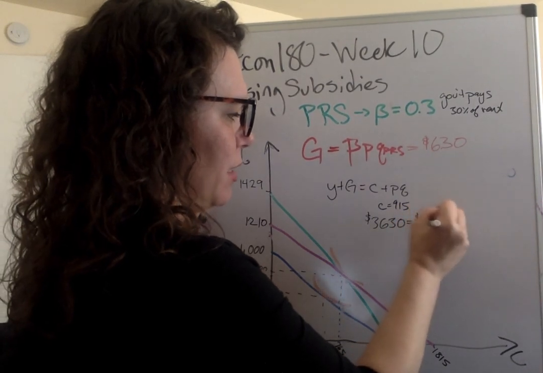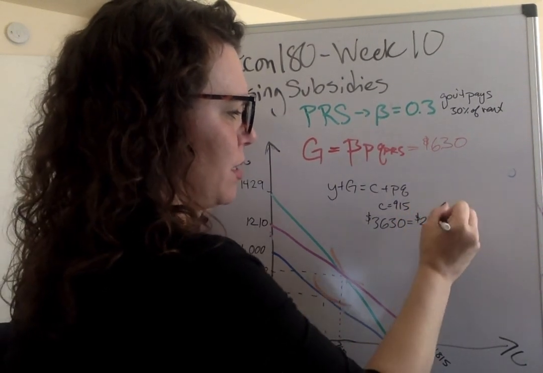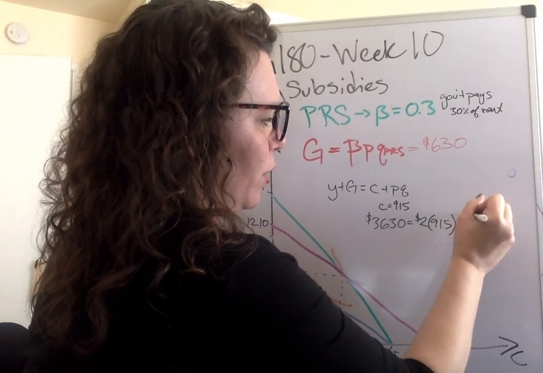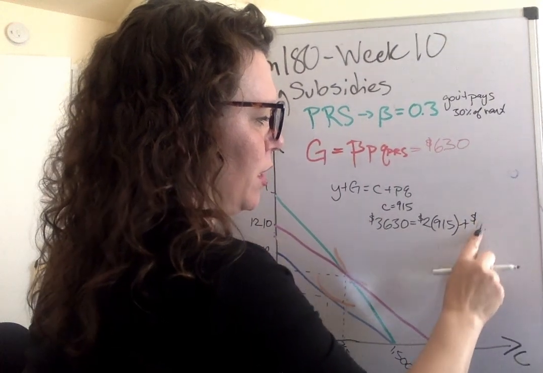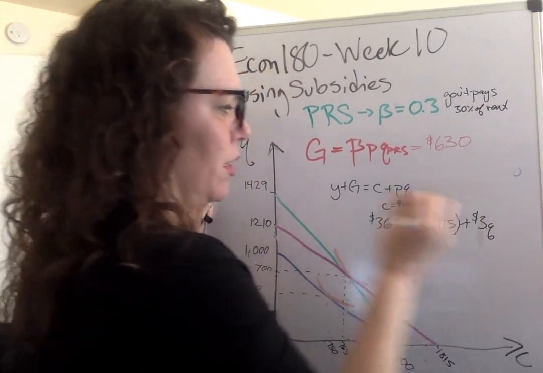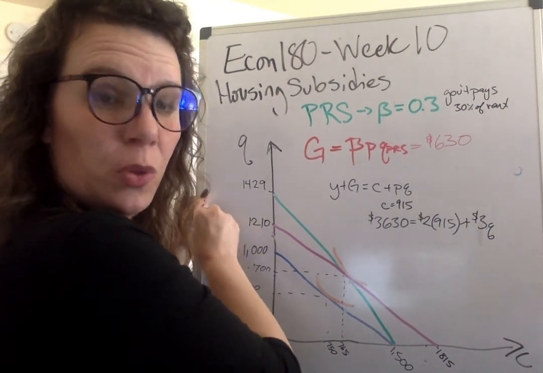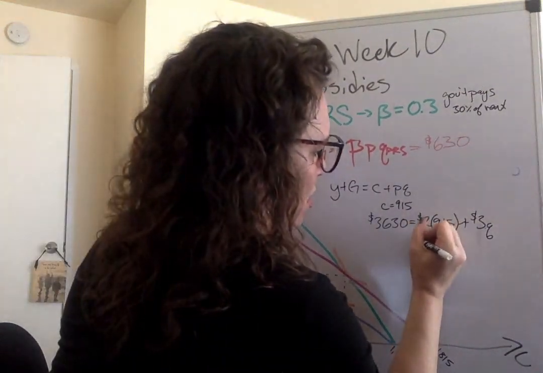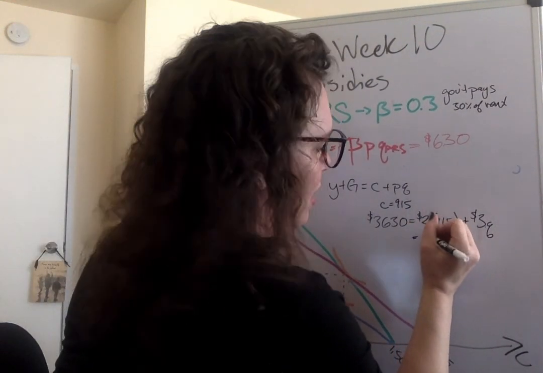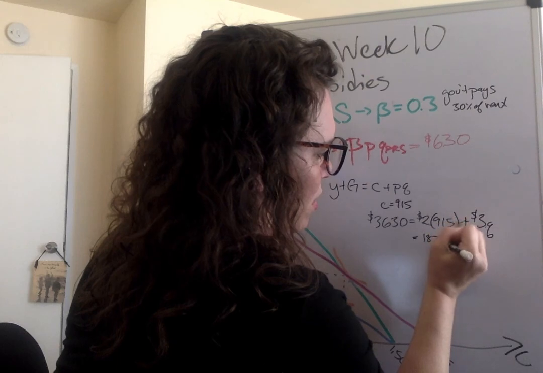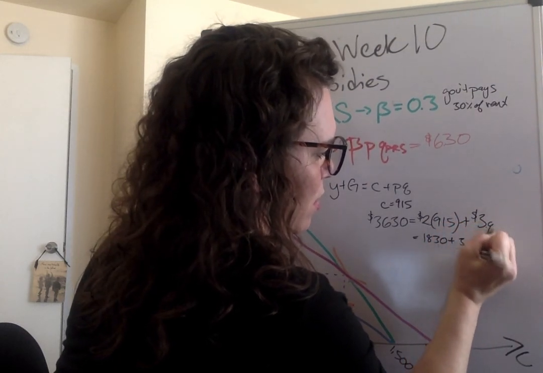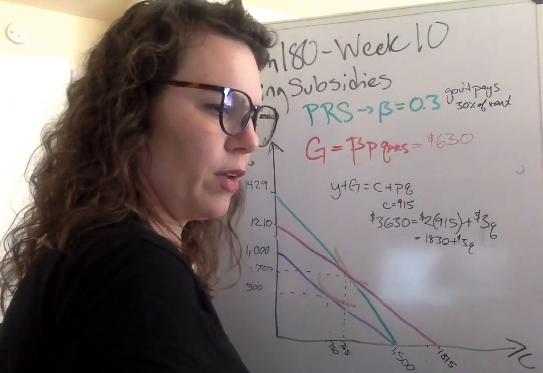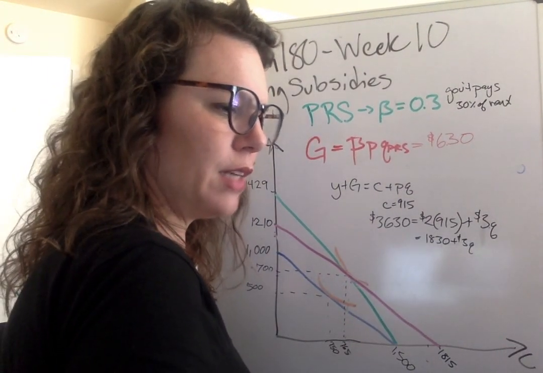And they're going to spend 2 times 915 on everything else, plus $3 on some amount of housing. Cool? So we just solve for Q. So 2 times 915 is 1830, which means we're going to be left with 3630 minus 1830.